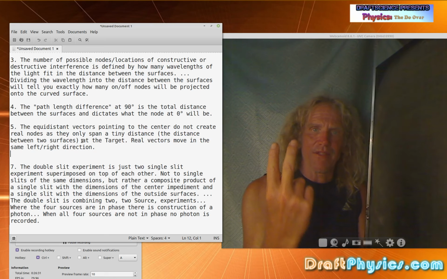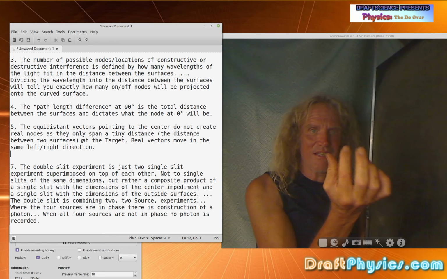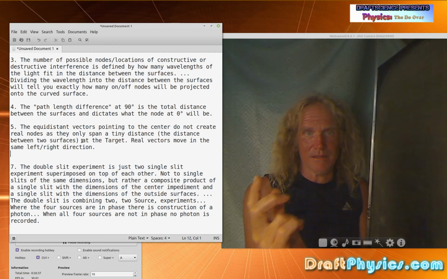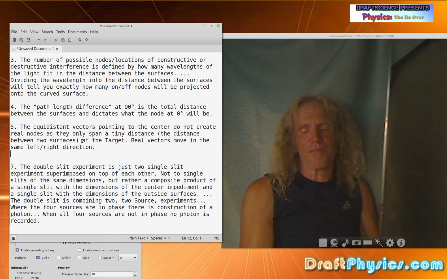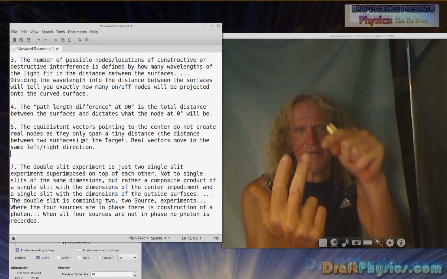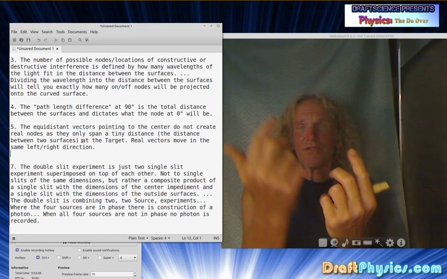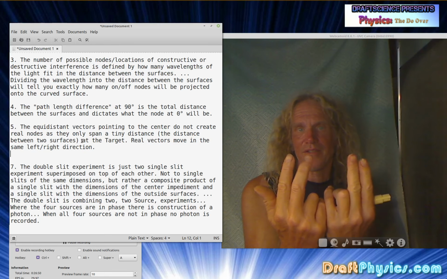So it's not this opening and this opening. It's not this distance and that distance that we're merging. When you're merging the two, you're creating new distances. You're creating the distance between these two surfaces and the distance between these two surfaces. That's what you're merging.